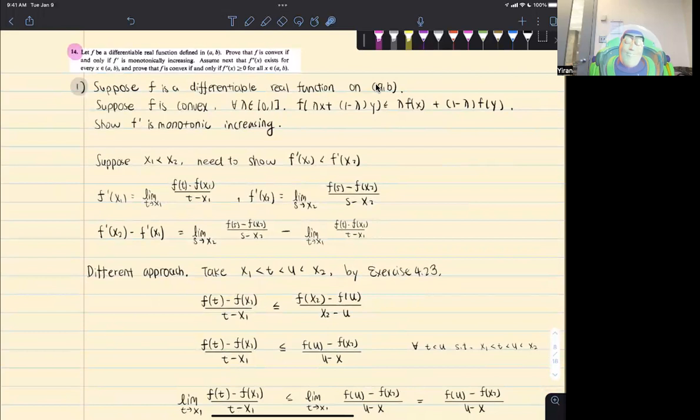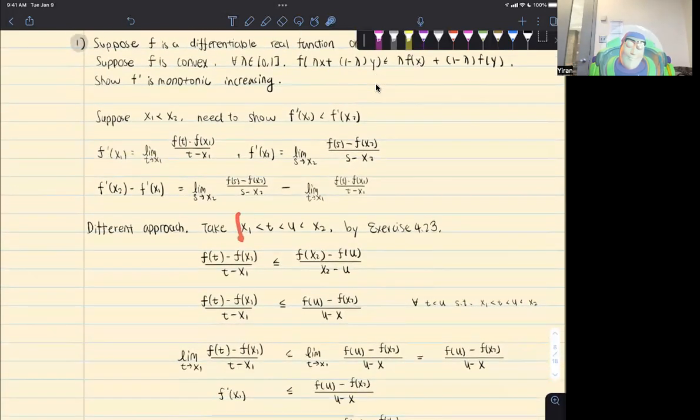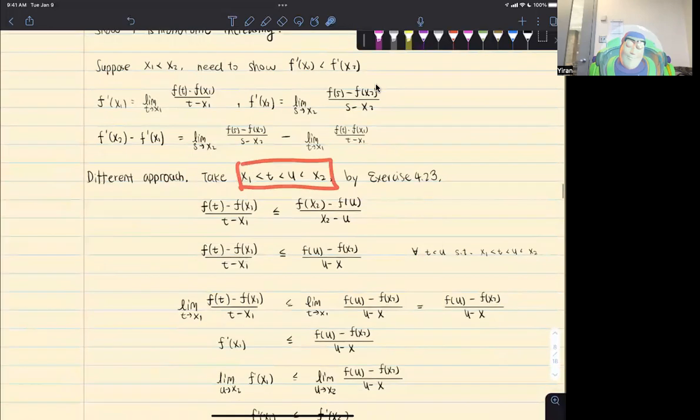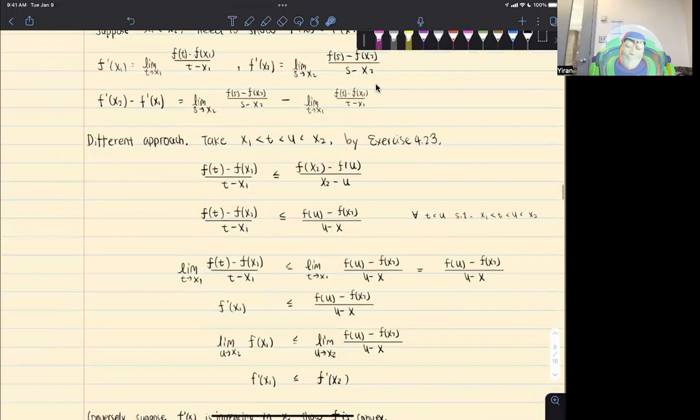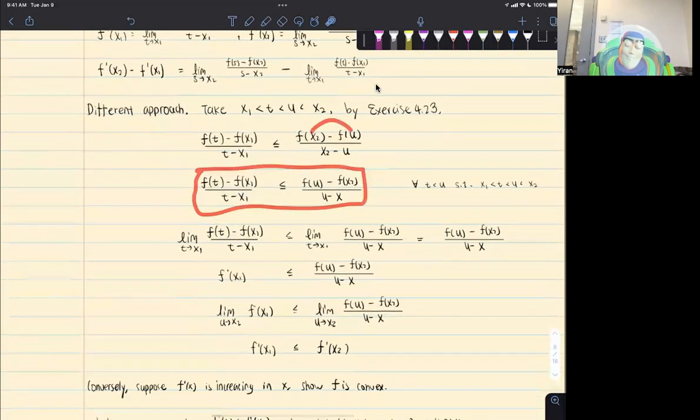So suppose that f is convex and we want to show that f prime is monotonically increasing. We need to use the corollary from the last problem. Here we define this, and by the corollary we have this, which is similar to this, which is switched, so the sign is not changed.